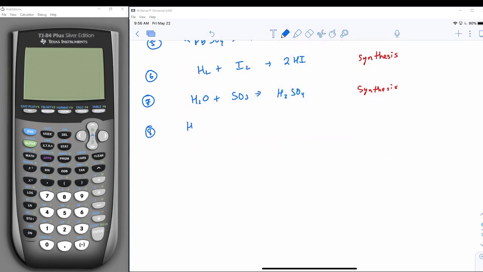Last one, H2SO4 plus NH4OH yields H2O plus NH4 2SO4.